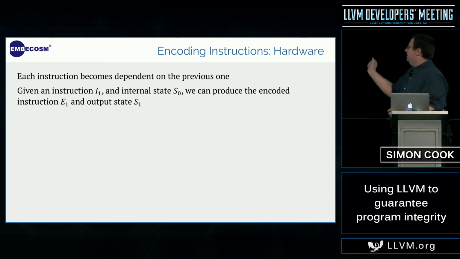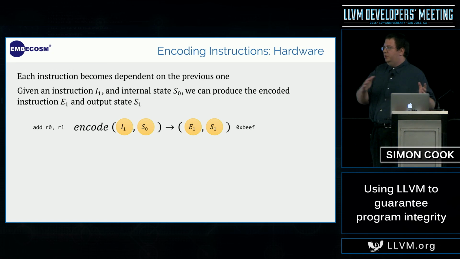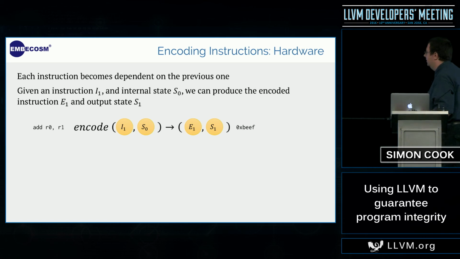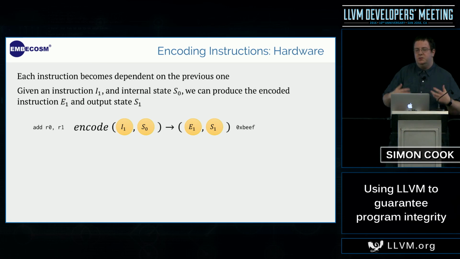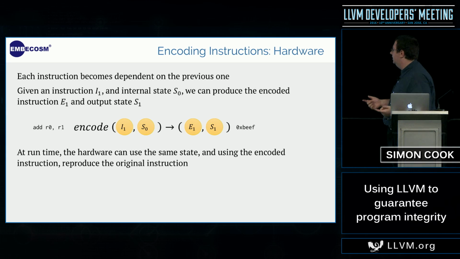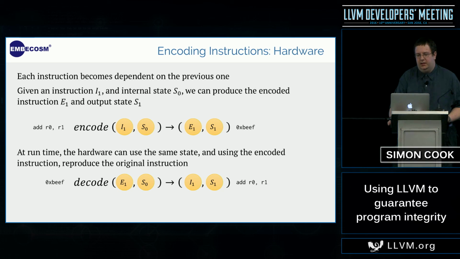So this add and R0, R1, which may have some encoding, goes through some function in the compiler and produces some output. And then this here, 0xBEEF, is what appears in your binary. Now, at runtime, assuming the encoding function is reversible, it can take this information and reproduce the original instruction given the same input state. So 0xBEEF would become add. So that is how one instruction would behave.